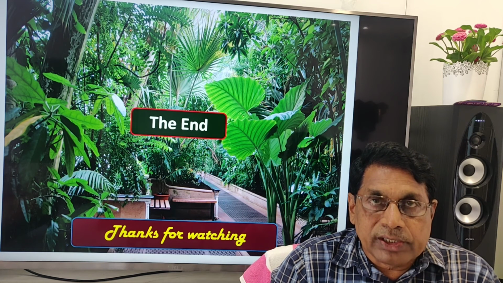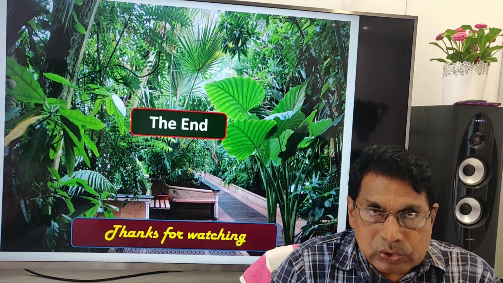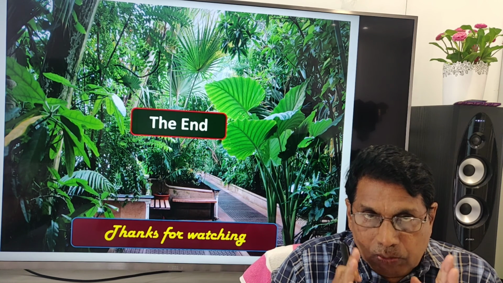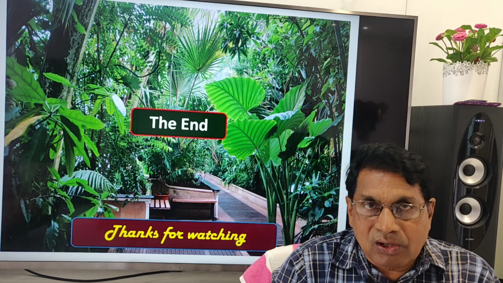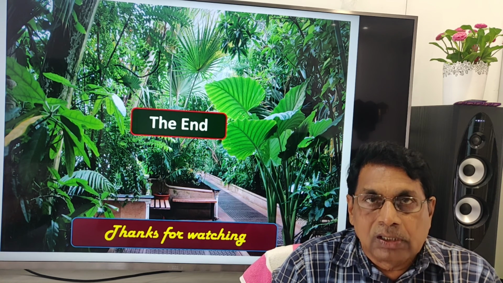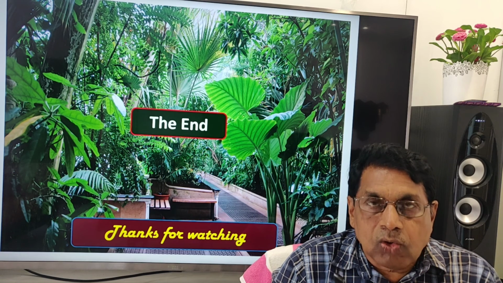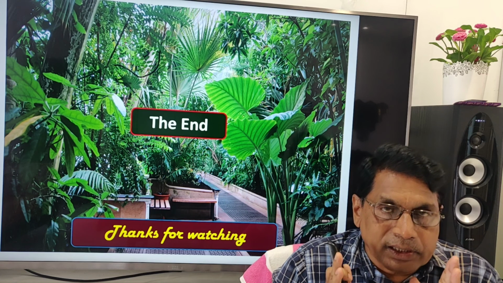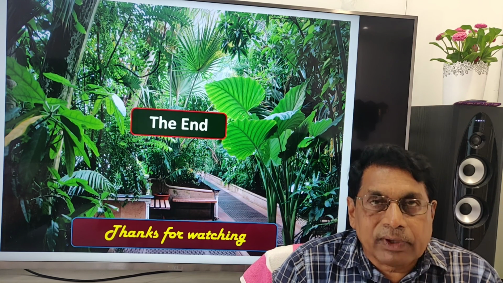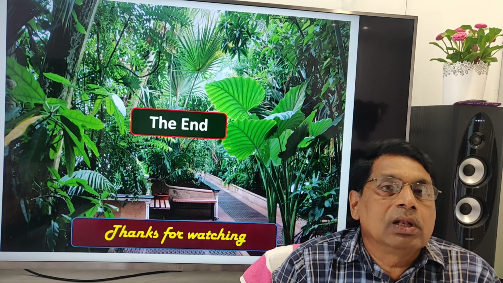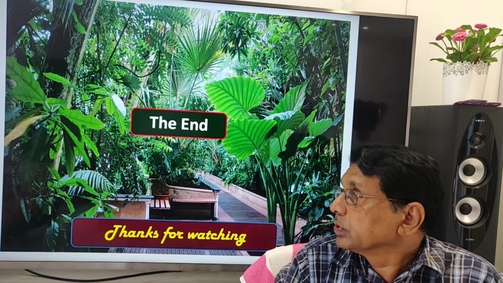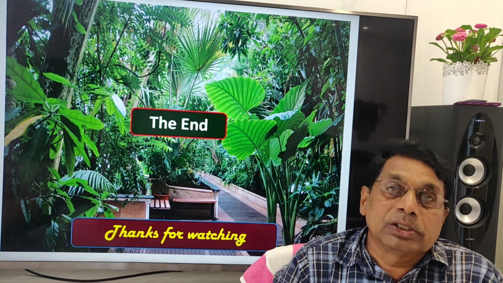The gene is located on the X chromosome. There is no such gene on the Y chromosome. Haemophilic blood doesn't clot because the protein factors involved in blood clotting are affected: factor IX, factor XI, factor VIII, factor V, like that. Different types of haemophilia are there. So this is about haemophilia.